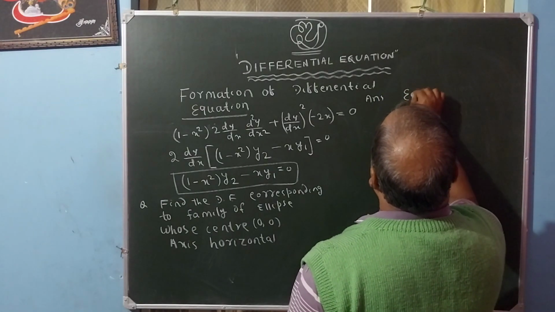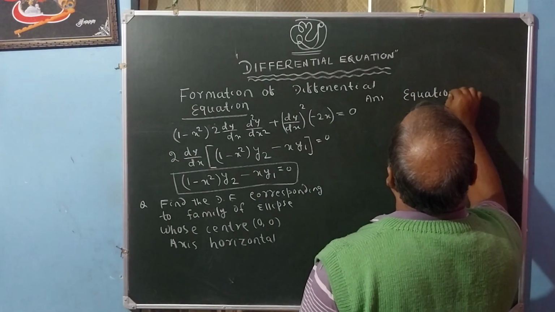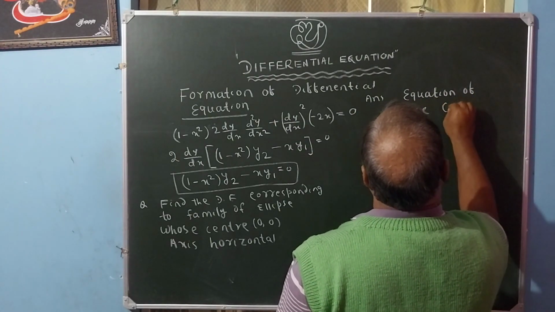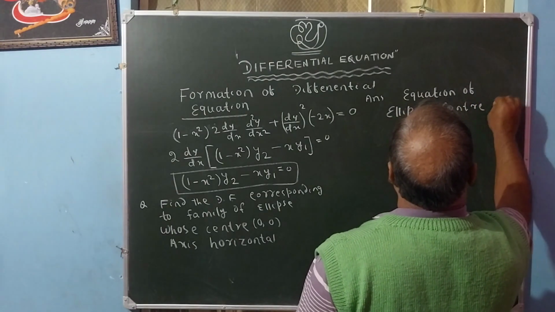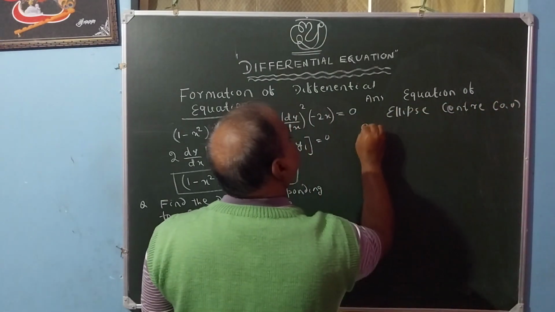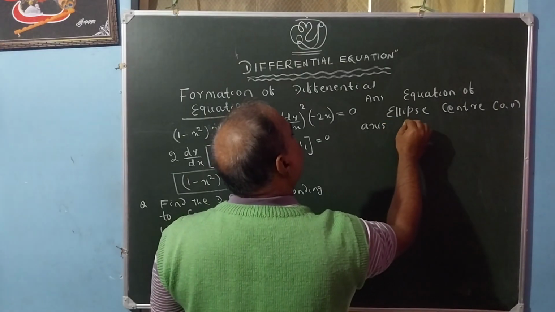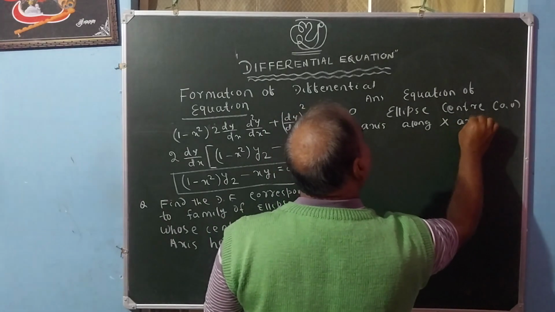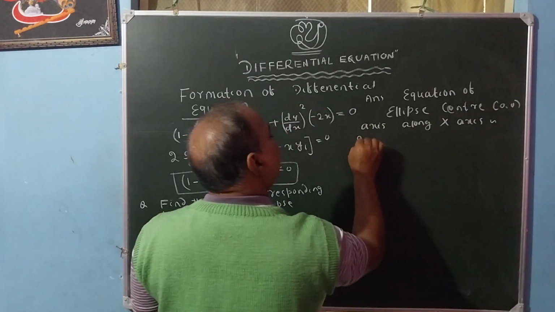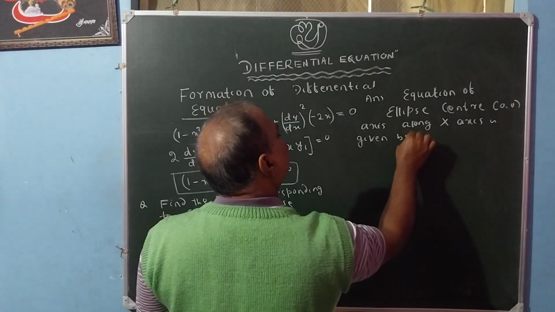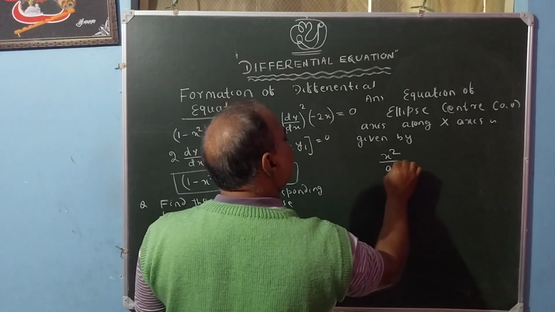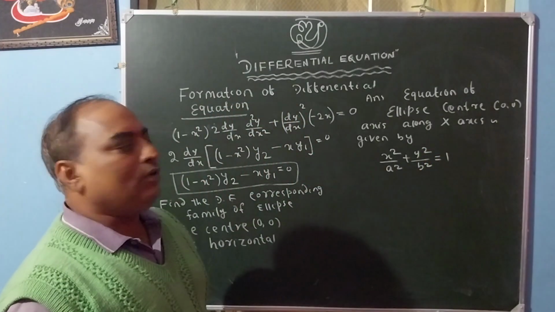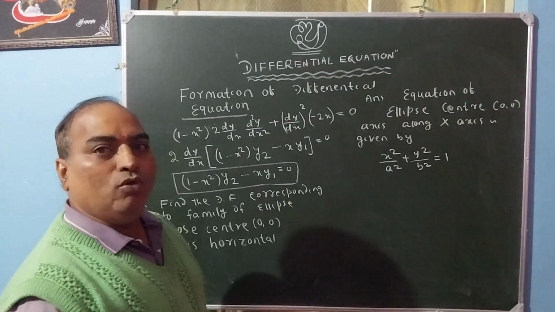Answer: the equation of ellipse with center (0, 0) and axis along x-axis is given by x square by a square plus y square by b square is equal to 1.